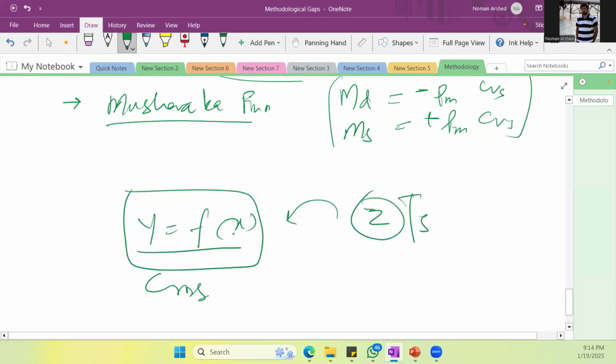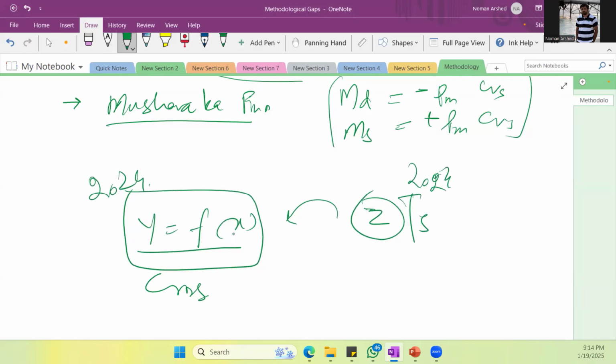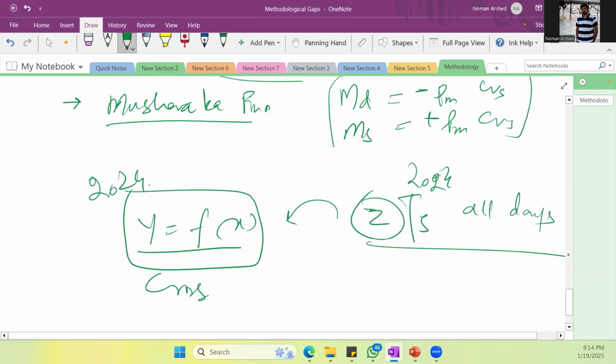But I know that I am surveying in 2024, and I have the time series data for 2024 available for all days. Means it's a daily data or weekly data or monthly data for the whole year, and I'm surveying this region. So it can be done many ways.